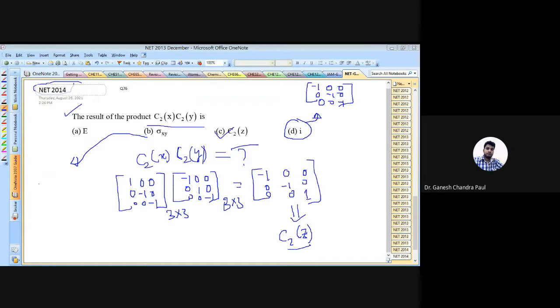Its matrix representation is 1 0 0, then 0 1 0, then 0 0 minus 1. And what about E? It is the identity symmetry element, so nothing changes. Clear?